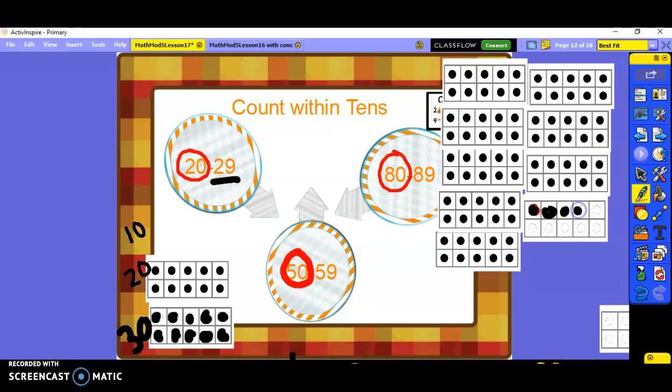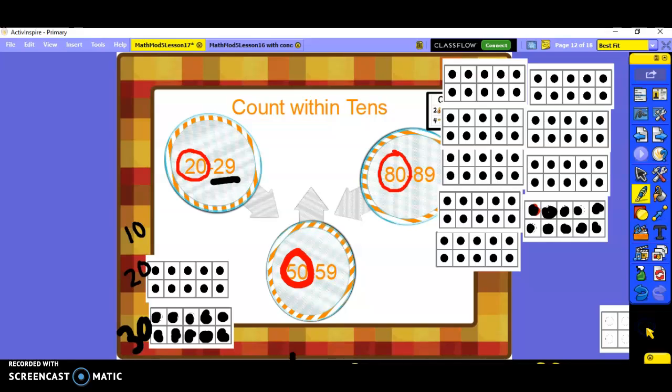Yes, 84, 8 tens, 4. 85, 8 tens, 5. 86, 8 tens, 6. 87, 8 tens, 7. 88, 8 tens, 8. 89, 8 tens, 9. And you got it. One more. 90, because we'd have 9 tens.